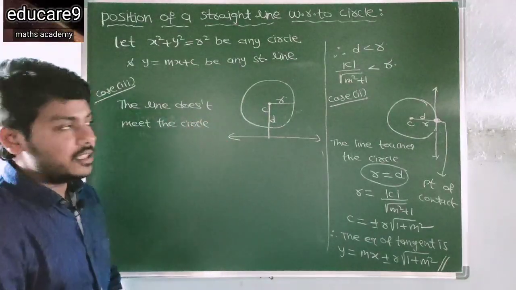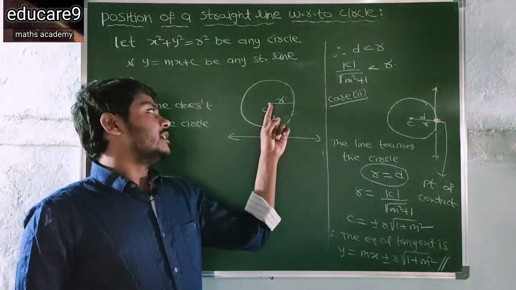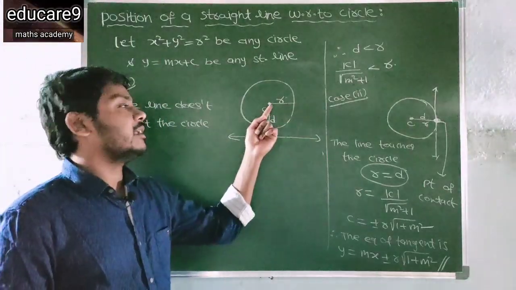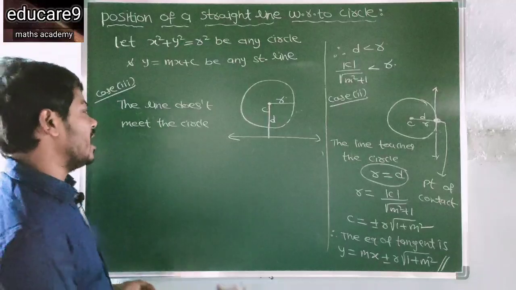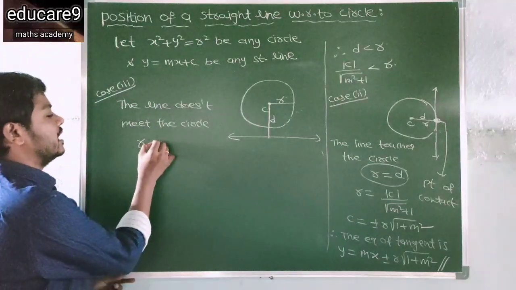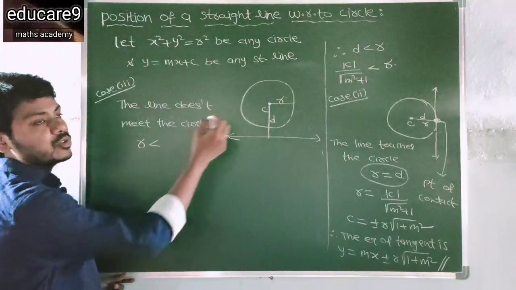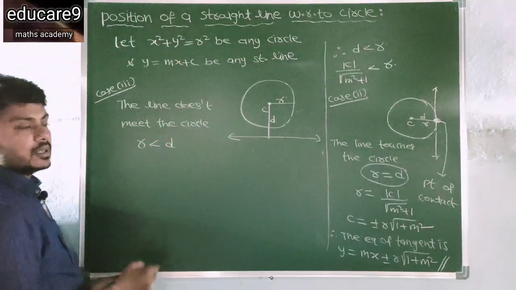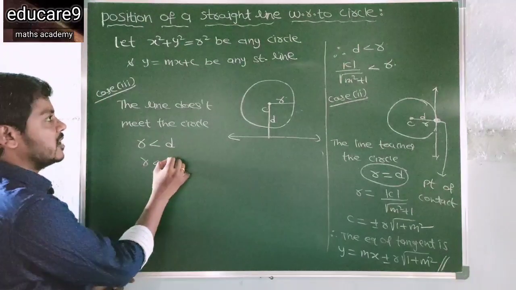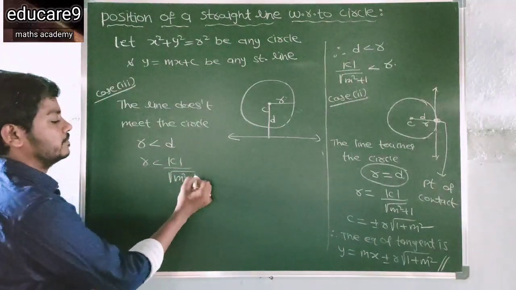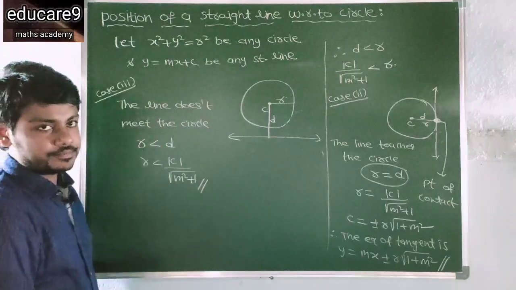So clearly in that case the perpendicular distance from center to the line is greater than the radius of the circle, or the radius of the circle is less than the perpendicular distance from center to the line, that is d. So r is less than d, that is mod c by under root of m square plus 1. This is the third case.